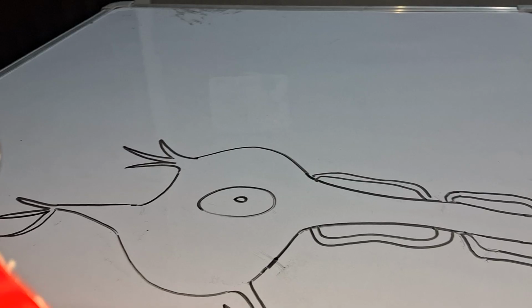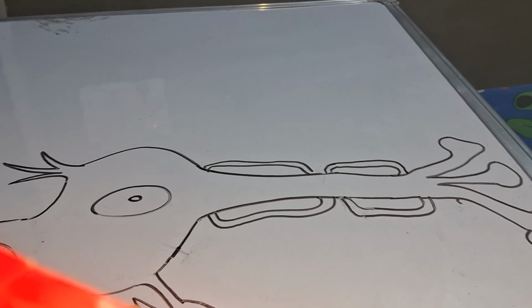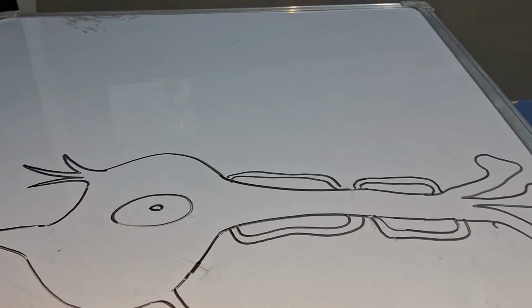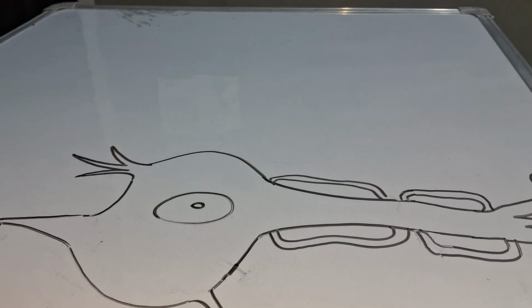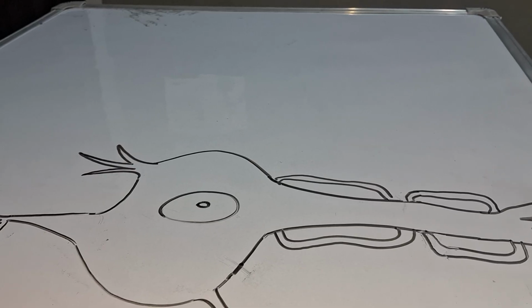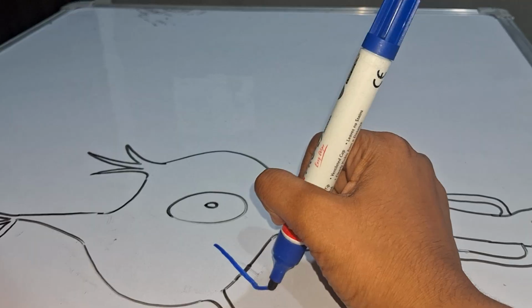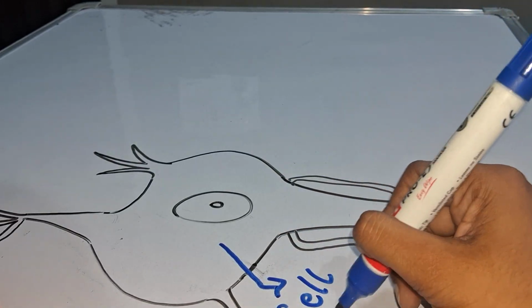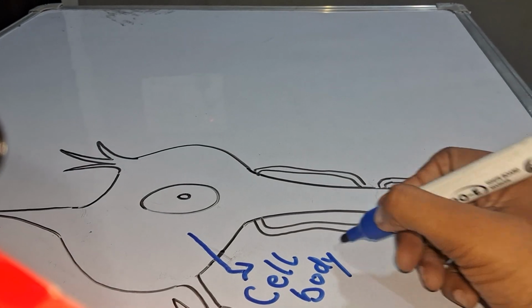This is a neuron. See, all the neurons are present in our nervous system. First of all, this portion is the cell body, or we can say the cytosol.